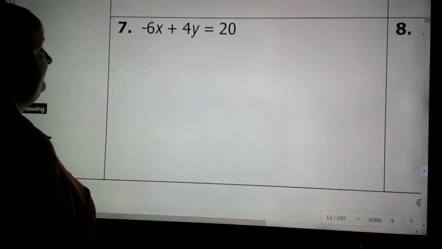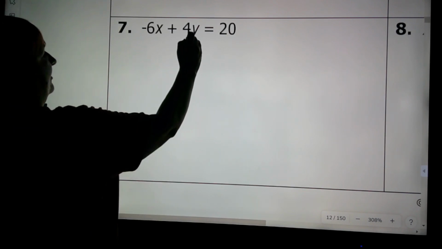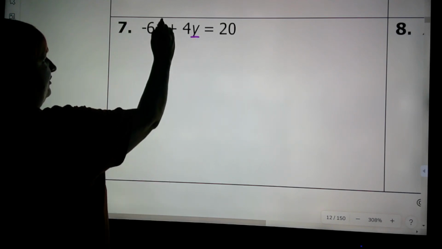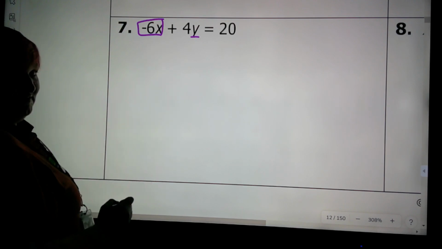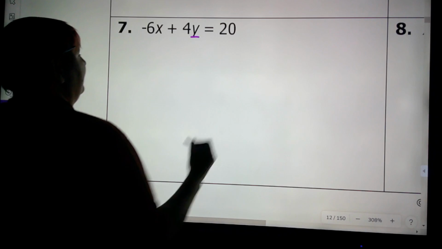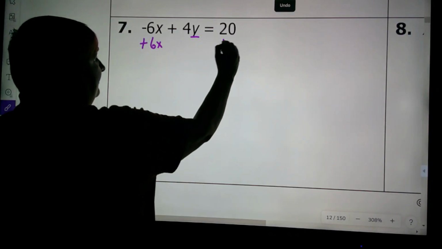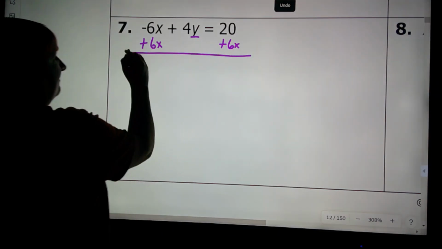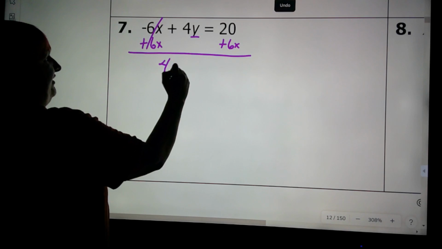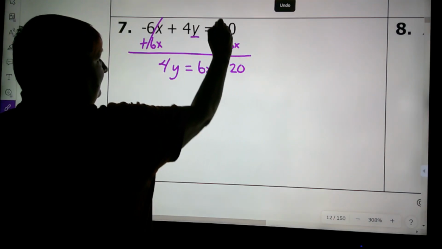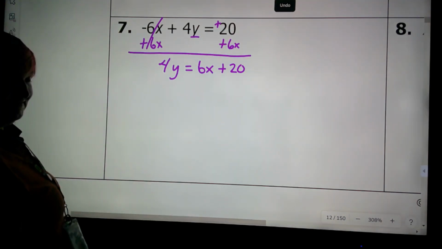Alright, 7. Solving for y. This is a -6x. This is one term. This is the term -6x. So, we're going to add 6x to cancel it out. 4y equals 6x plus 20, right? That's a positive.